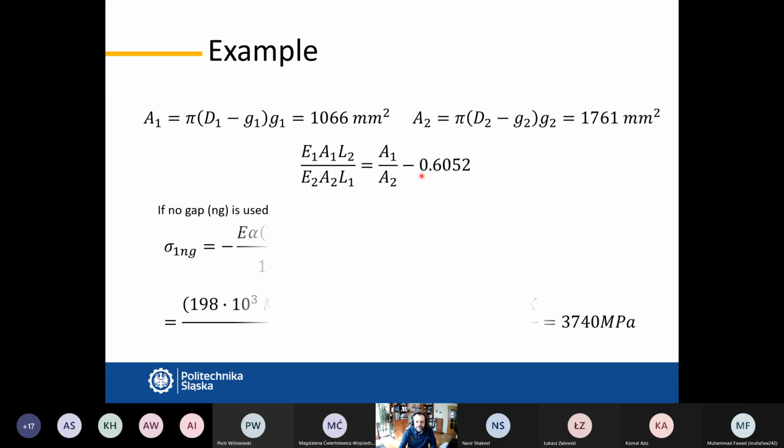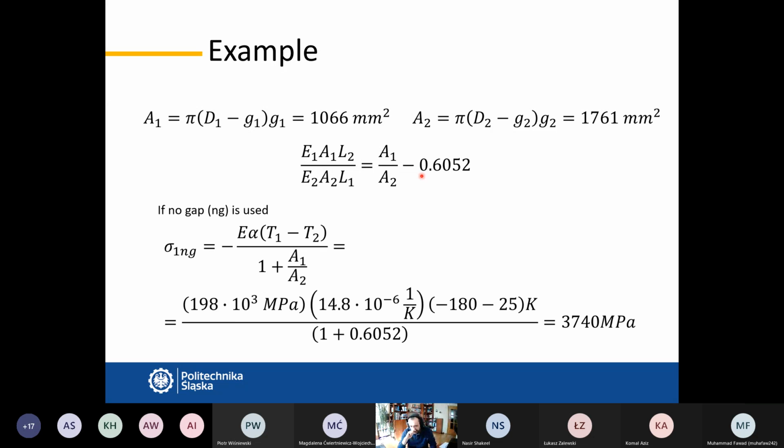Okay, so if no gap is used, this is the situation where we have no gap. These pipes are connected together, with fixed ends. So the formula is very easy, and the result is terrifying. Look at this. If there is no possibility of any free deformation, the stress would be destroying for the system: 3,740 megapascal.